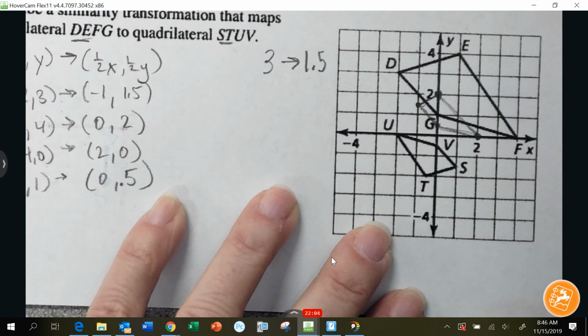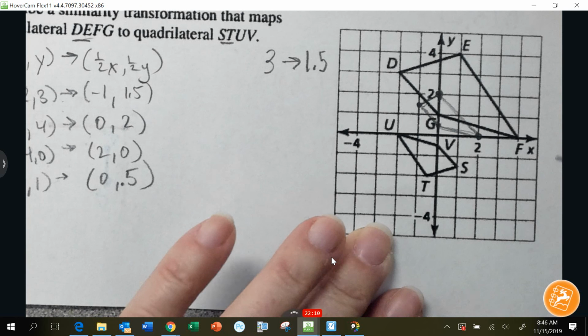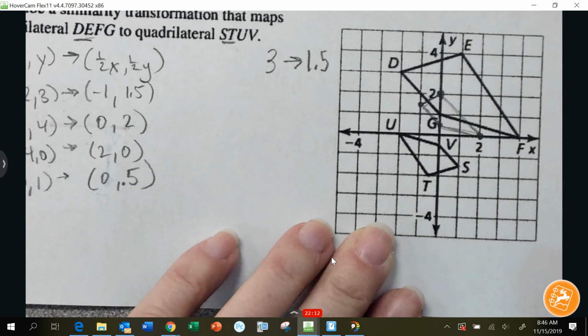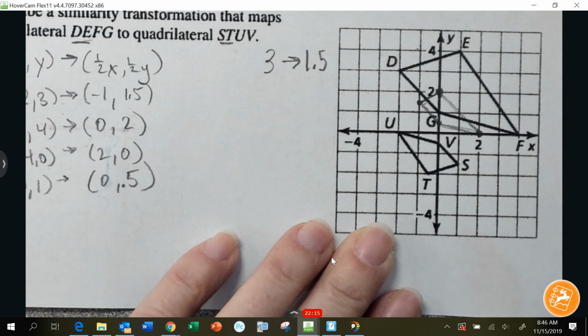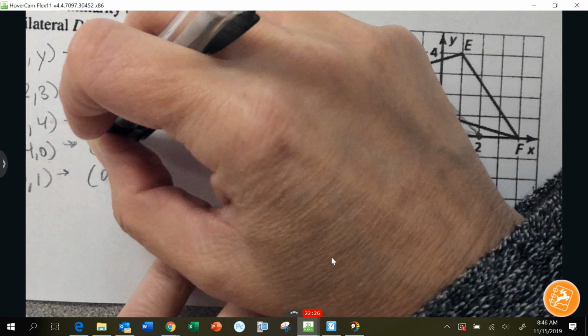Did I do something wrong? Which number are you looking at? Oh, yeah, I don't know why I put 0 there. That would be why it didn't look right.